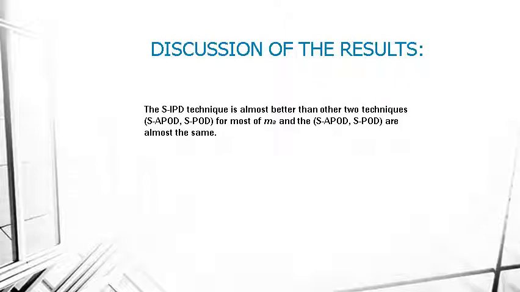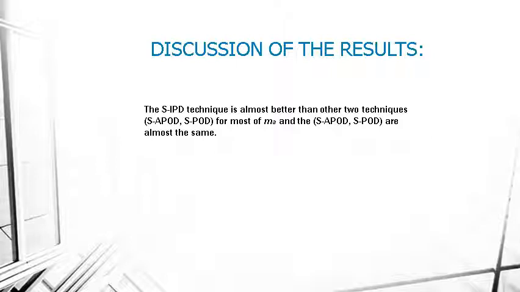Discussion. From the output voltage RMS value point of view, it's clear from the figures that all 3 techniques have similar behavior, which is increasing linearly with MA at MA less than or equal to 1 and increasing non-linearly at MA greater than or equal to 1.